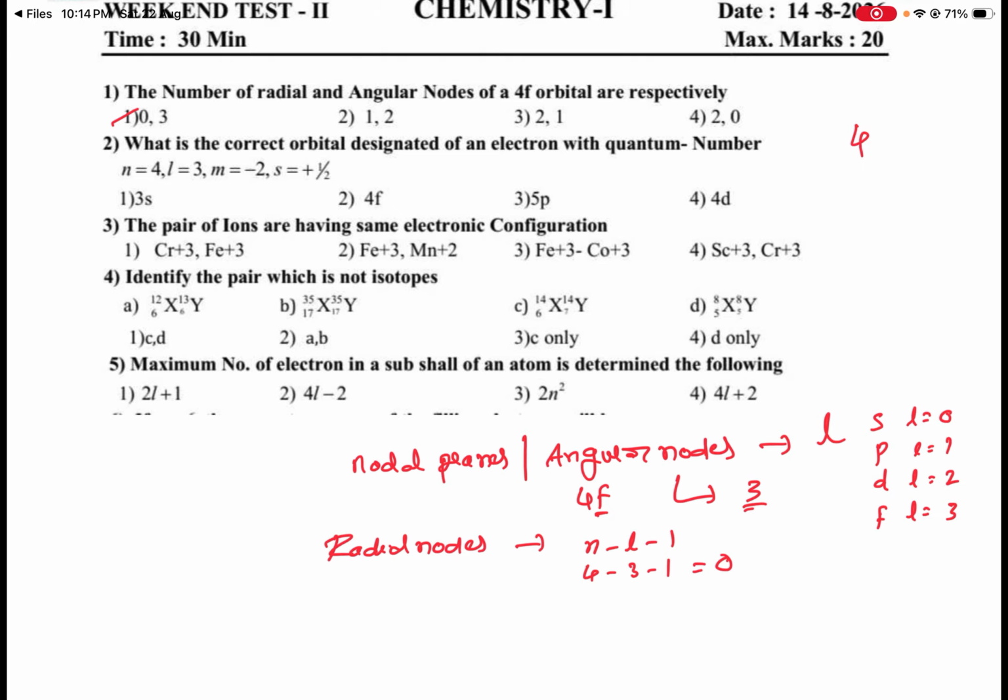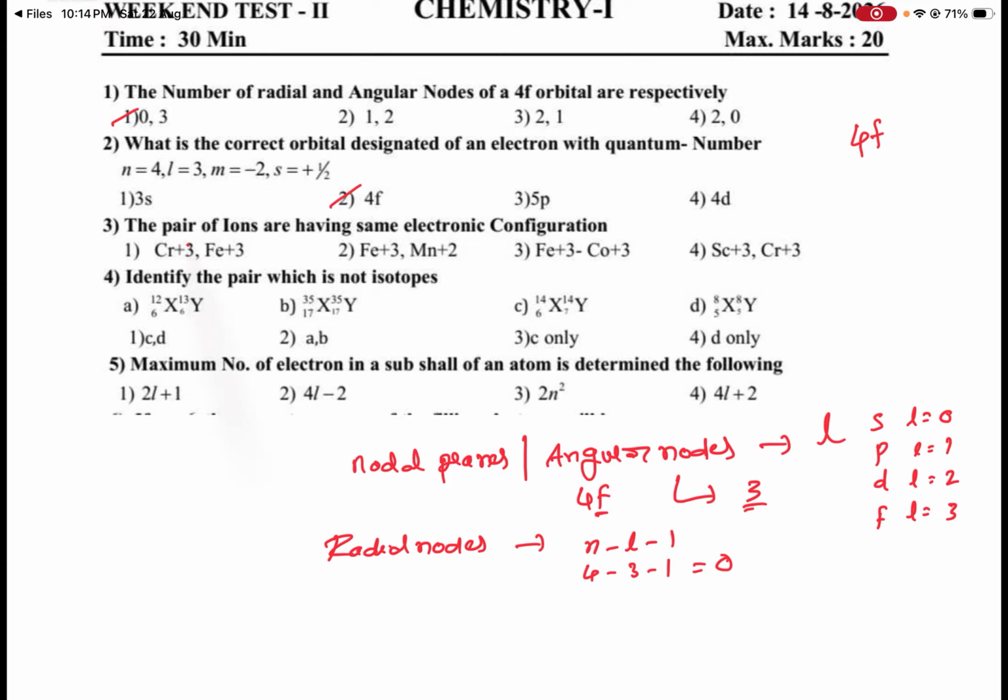L is equal to 3 means f orbital, as we have already discussed. The given options: first one is 3s, second one is 4f, third one is 5p, fourth one is 4d. Based on n and L values, we know the correct designated orbital. So option 2 is the correct one.